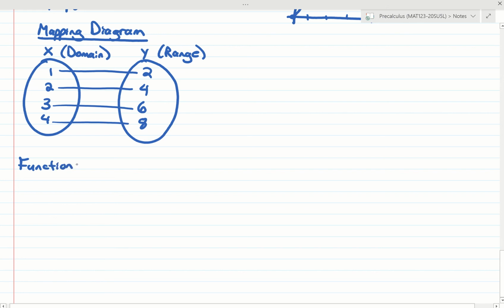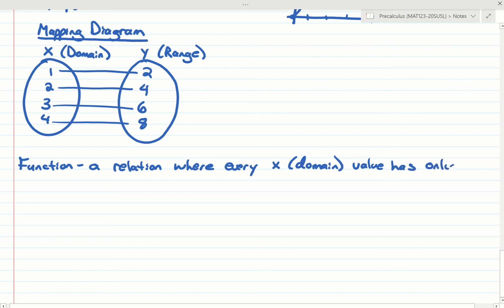When we're talking about a function, it is a relation where every x, or domain value, has only one y value, or range.